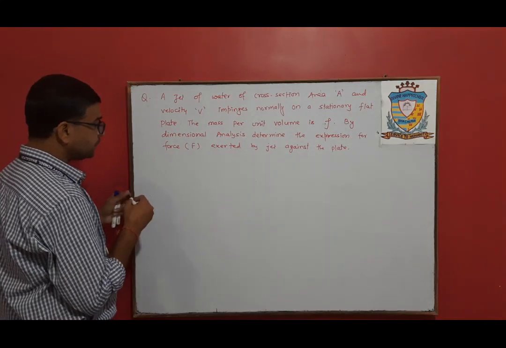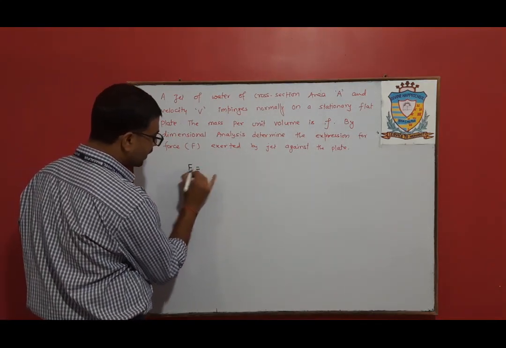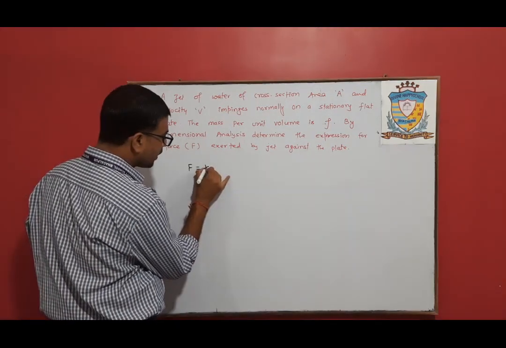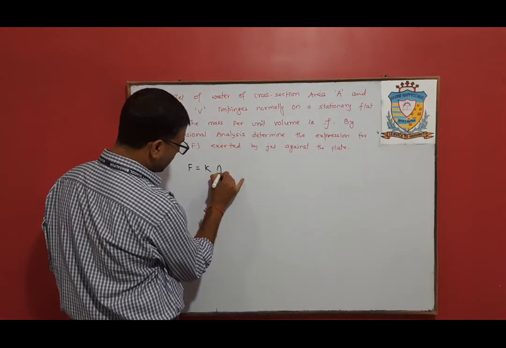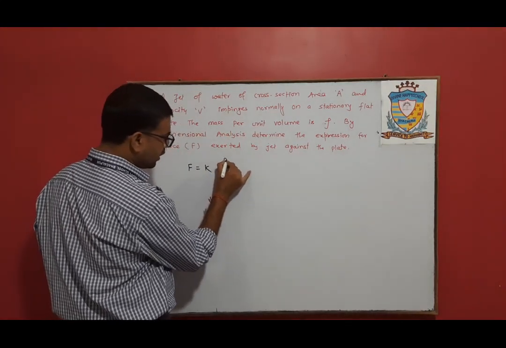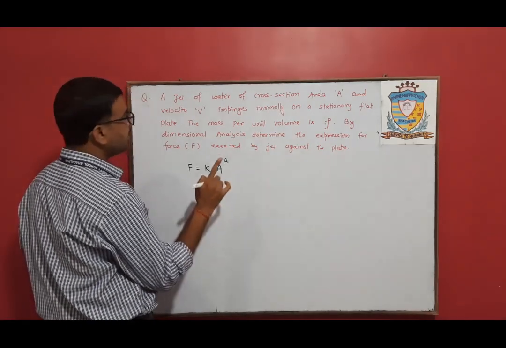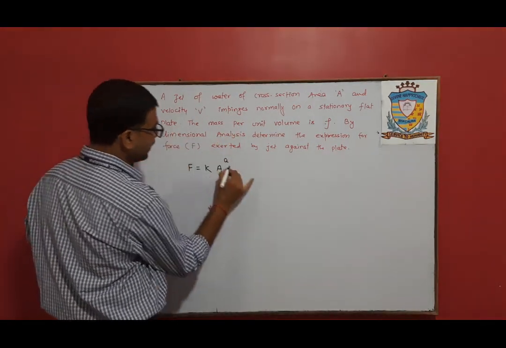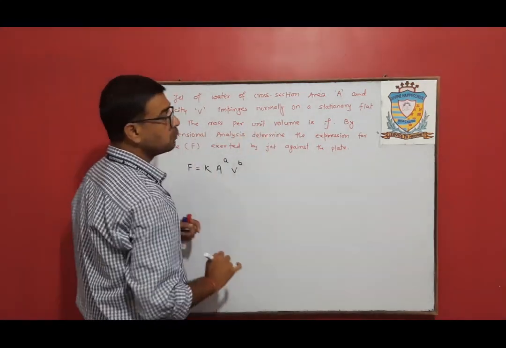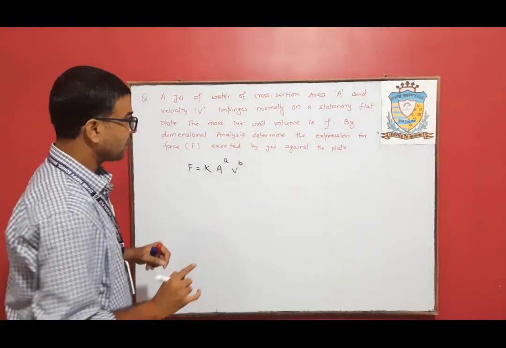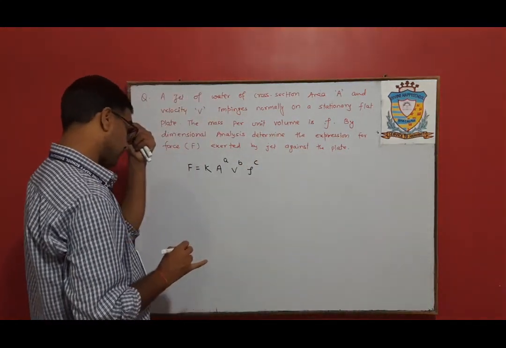So it can be written that F depends on K, the proportionality constant, the area of cross section A raised to the power a, V raised to the power b, and the mass per unit volume, which is also known as density, rho raised to the power c.